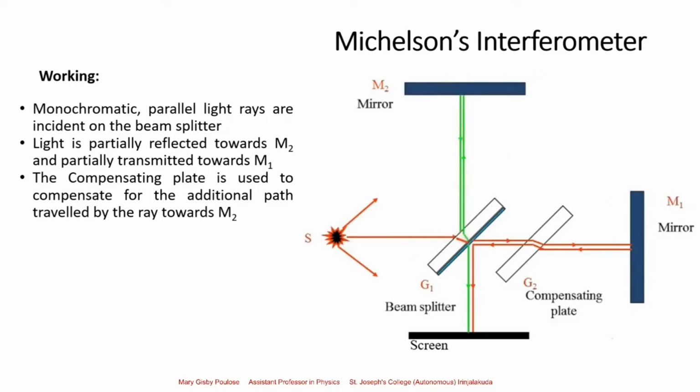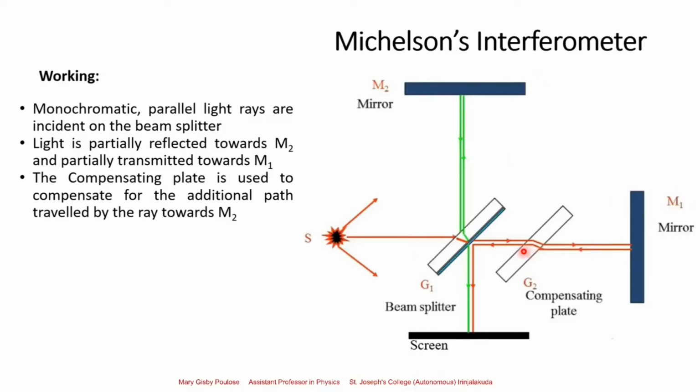So the additional path traveled in the beam splitter is 2 mu t, where mu is the refractive index of the beam splitter and t is its thickness. Now this additional path is compensated in the compensating plate. The transmitted light, represented by the red rays, travels the thickness t in this direction, and after reflecting from the mirror M1, again travels through this plate of thickness t.